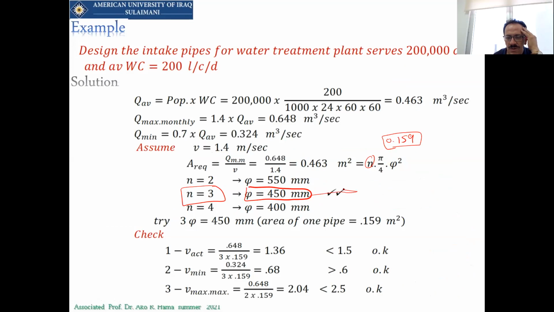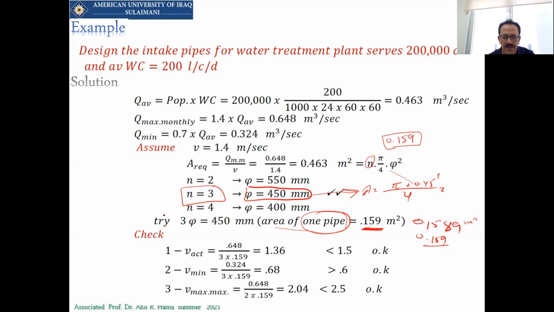In this case, the area of each pipe is pi d square over 4, which is 0.45 squared multiplied by 3.14 divided by 4. You're not using the 3, because we are talking about the area of one pipe. So the area will become 0.1589 meters squared, meaning 0.159.